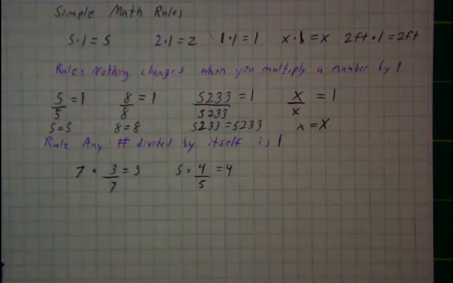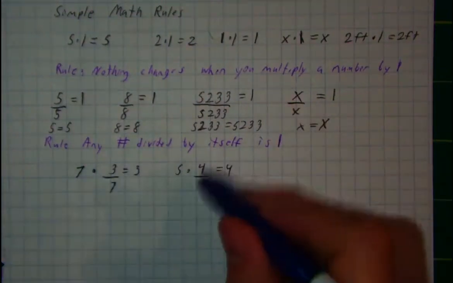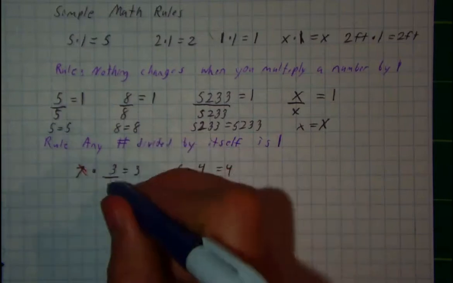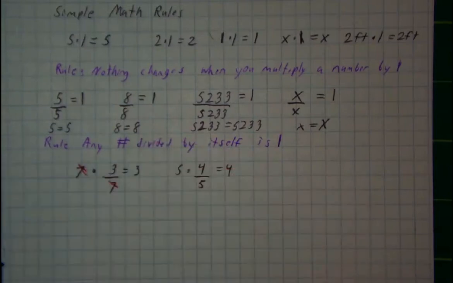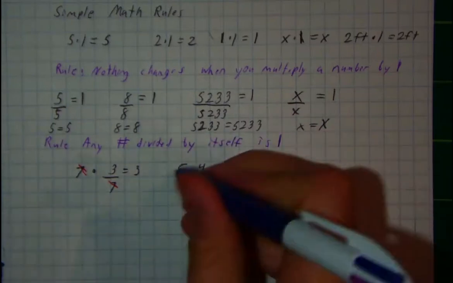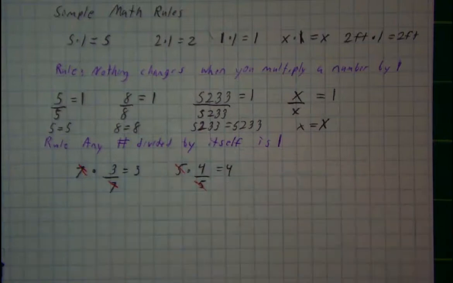Do you notice something? We're getting the number on top of our fraction. Well, that's because I'm multiplying by 7 and dividing by 7 in the same problem. They cancel out. I'm multiplying by 5 and I'm dividing by 5 in the same problem. They cancel out.